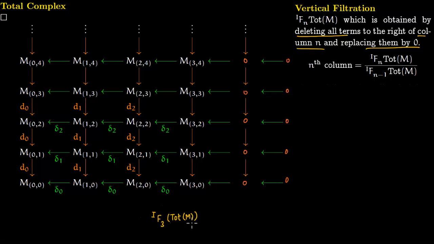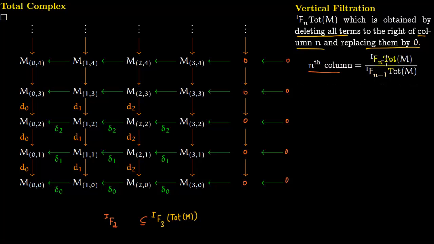Obviously this will naturally contain column 2, because it contains filtration 2, and filtration 2 means you are restricting yourself to this portion, and everything else is 0.